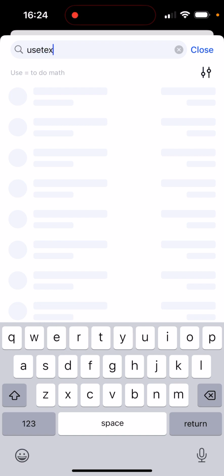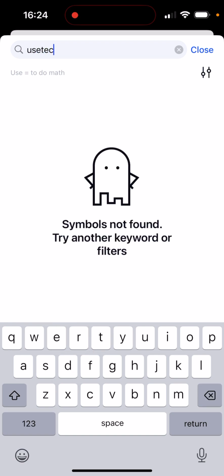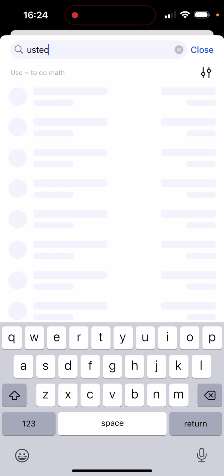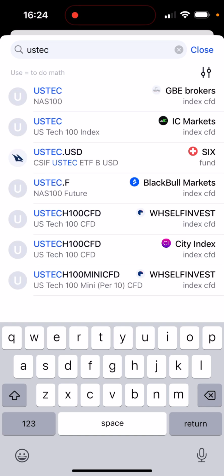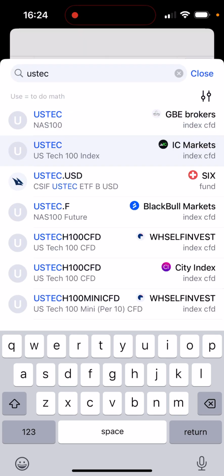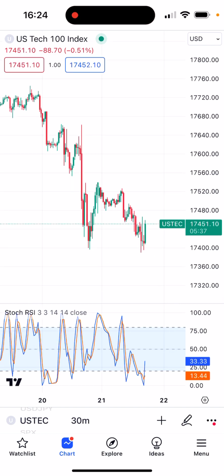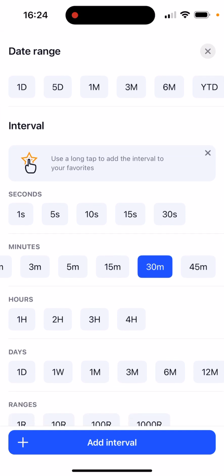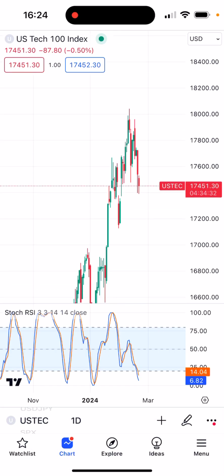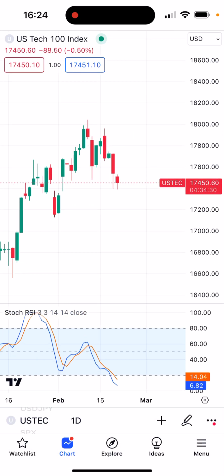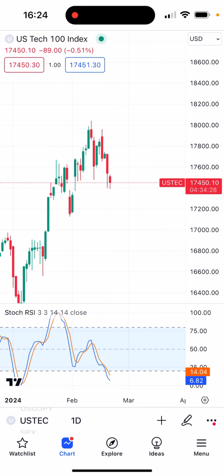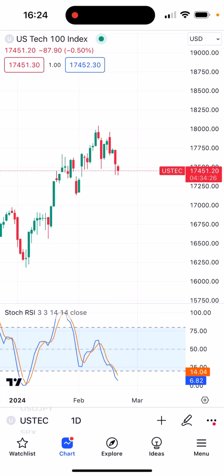US Tech, for example. Some people like to trade US Tech or NAS 100, or whatever you want to call it. But let's use that one. Same thing. What do you do? You go to your daily. Where are we on the daily? Okay, I can see that we are selling on the daily. We're not buying.